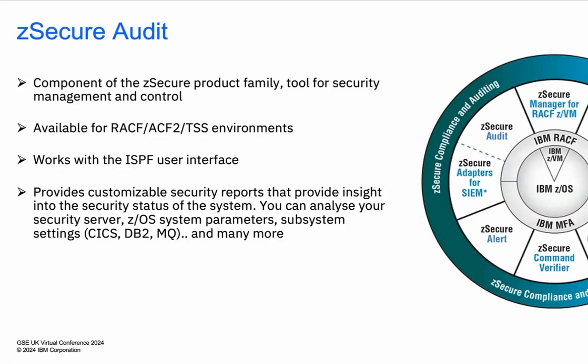And with zSecure Audit, you can do a variety of things. I have not mentioned all the capabilities here, but you can do customizable security reports that provide an insight into the security status of your system. You can analyze your server, the z/OS system parameters, different subsystems that we have on z/OS, like CICS, IMS, DB2, MQ, and many, many more.